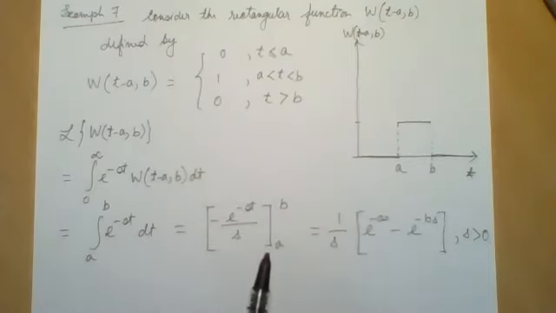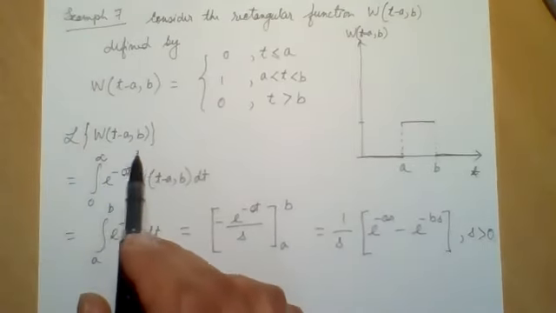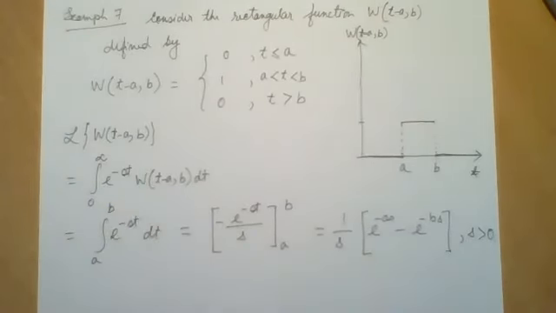Now let us write this function in terms of the Heaviside unit step function. I repeat, we can express this function w(t − a, b) in terms of the Heaviside unit step function.